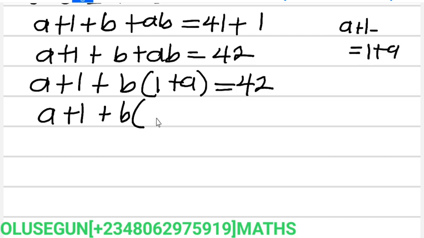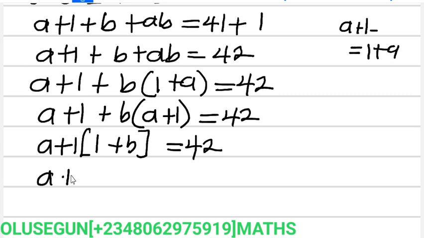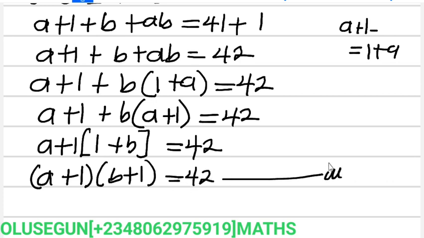So here you just say a plus 1, and you discover that a plus 1 is common. We have a plus 1 times b plus 1 is equal to 42. This is equation 4.